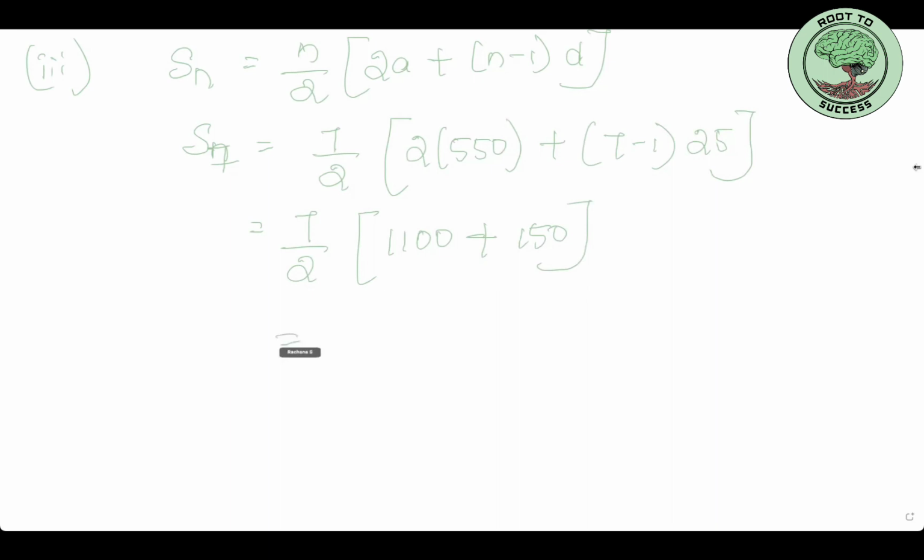So the total S7 is 4375. Therefore, the total production of TV sets in the first 7 years is 4375.